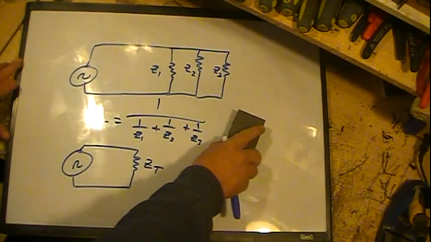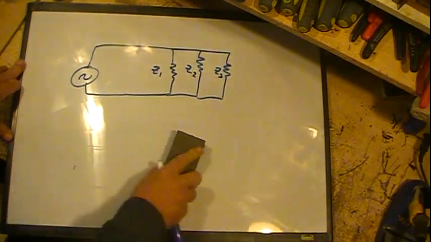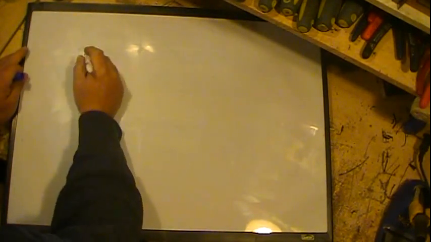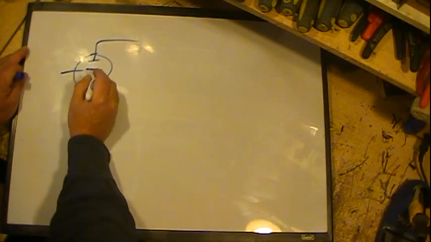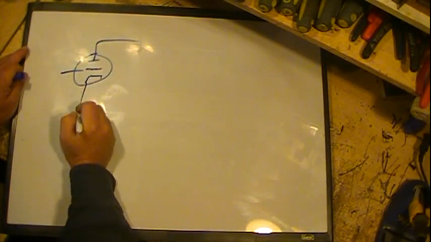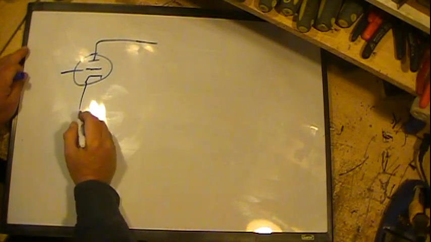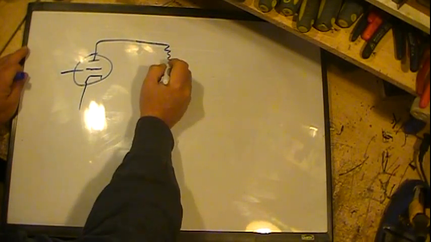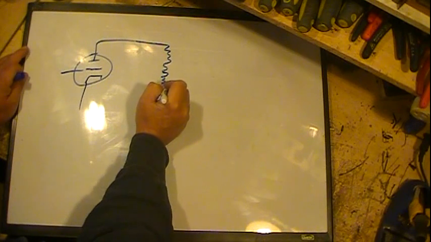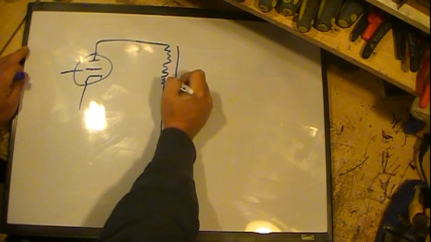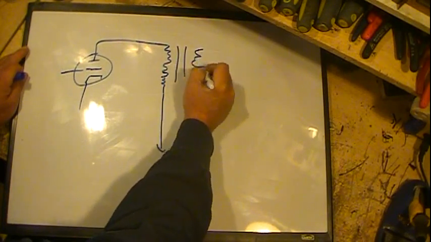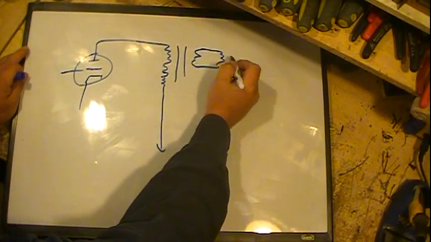Now, in the next video we're going to look at impedance in a little bit different way. We have a tube, and we'll just draw a triode in here, but this tube goes to a transformer, and that transformer goes out to a speaker.